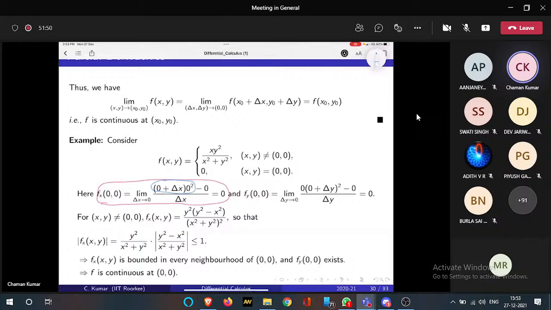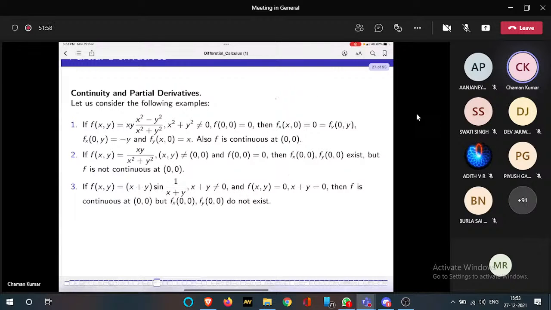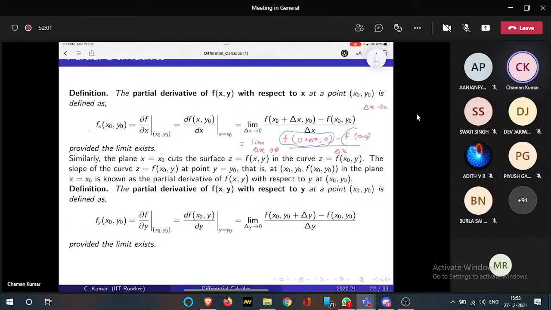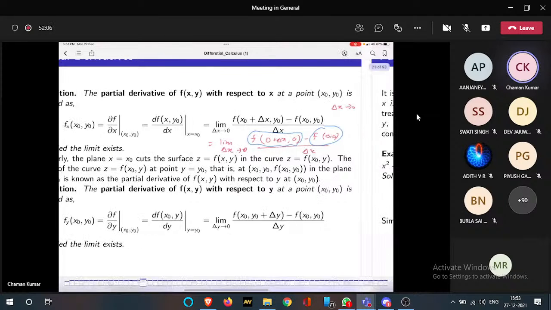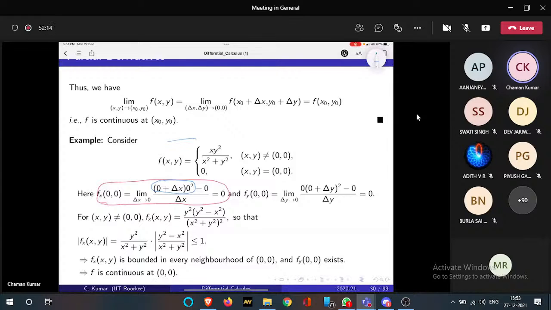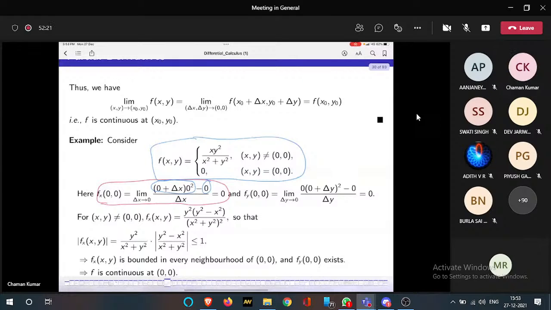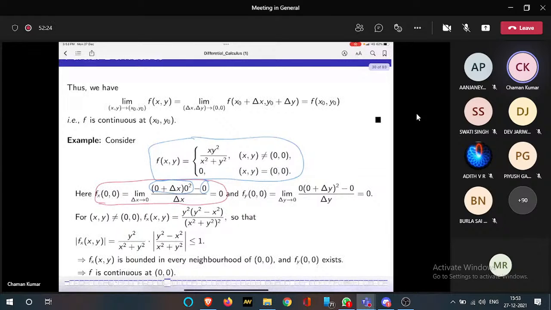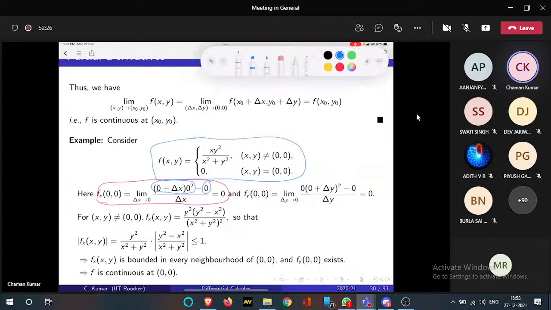And the other one is f(0, 0), the value of the function at (0, 0), which is 0. You see that this definition gives 0. Is it clear? Yes, sir. Right. This is how you calculate the partial derivatives. Any questions so far? If no, we can move to the higher order partial derivatives. Any more questions?